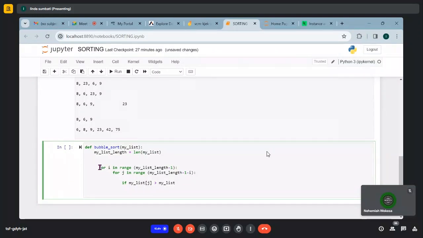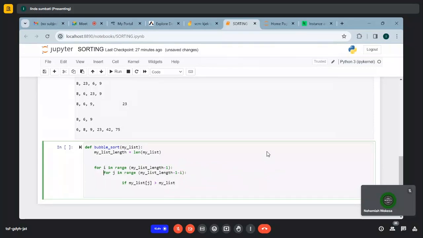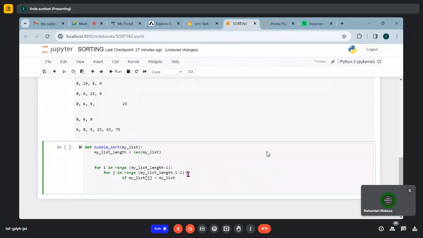So I should also check on this one. I want us to do that because I don't want us to have those issues of indentation. They usually stress me out and waste your time, and there's nothing you've done wrong before you figure out it's the indentation. It's a very bad feeling.